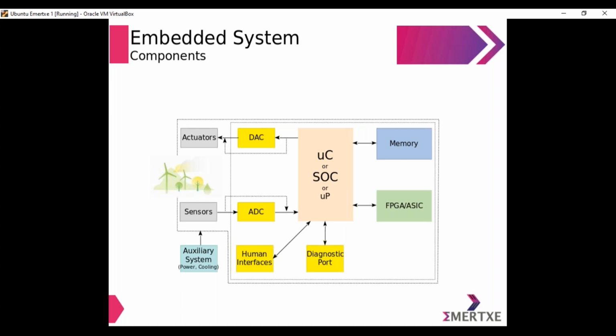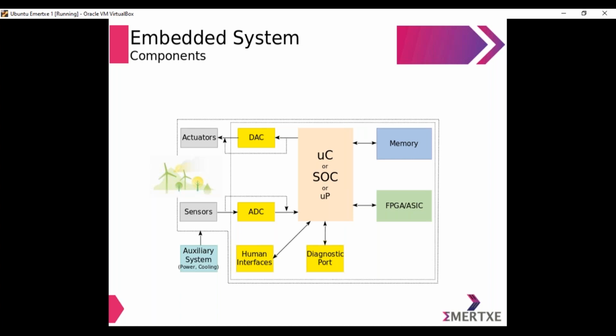And trust me, designing the power supply for any embedded system is a challenging task, because do you think every device in your embedded system works with the same power? No. Some of them work with low voltage, some of them work with high voltage.